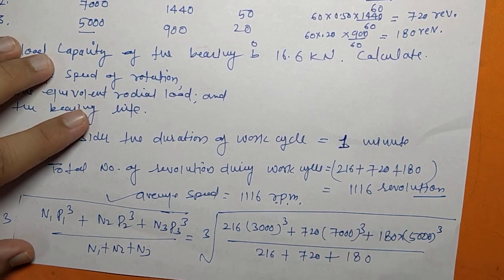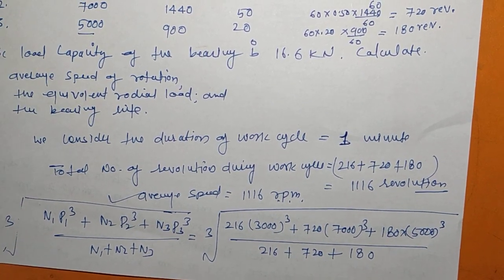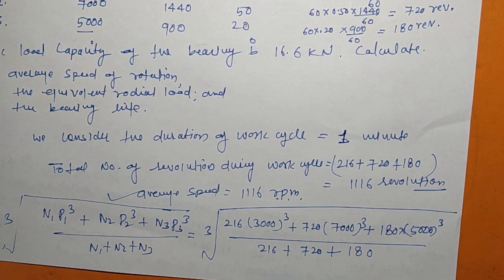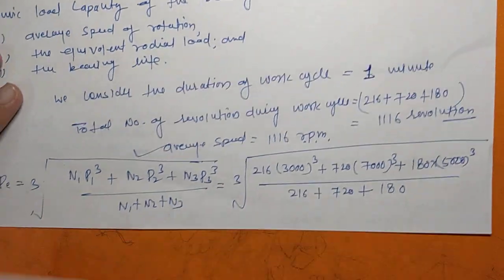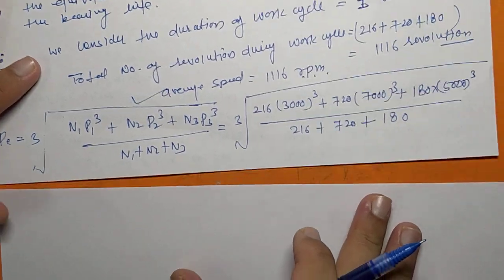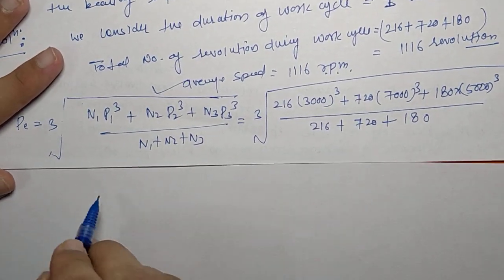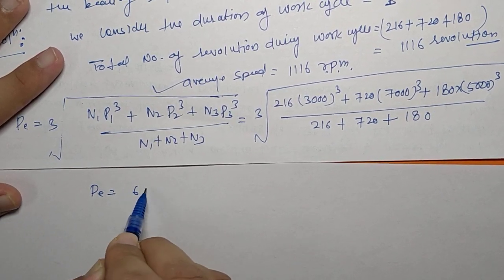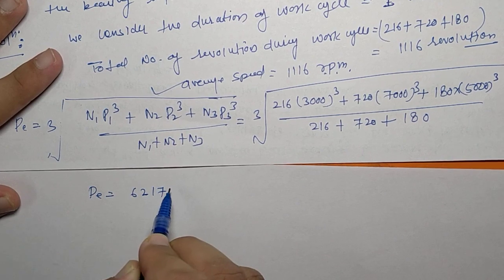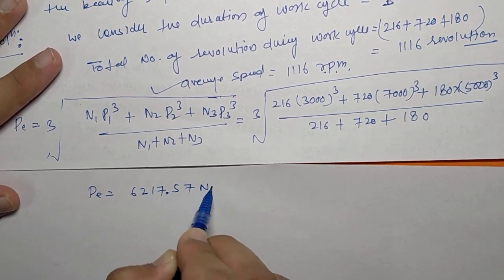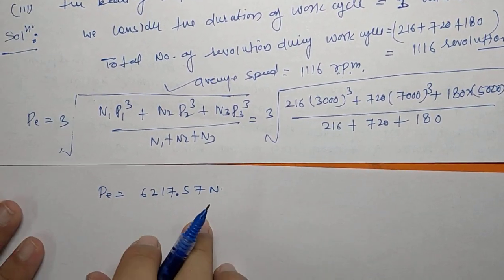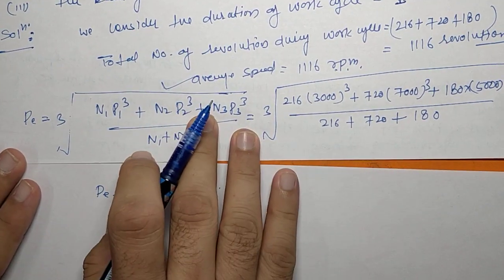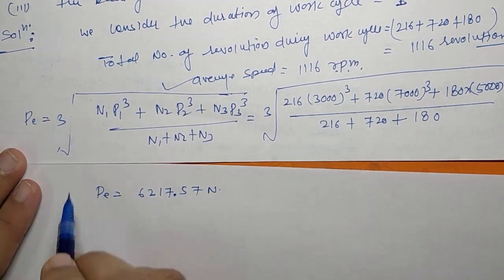If we put these values in the calculator and solve, we get P equivalent equal to 6217.57 Newton. So the equivalent radial load is calculated. This is the answer for the second part.